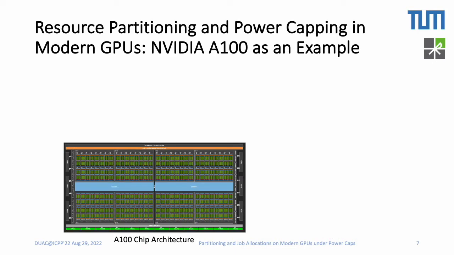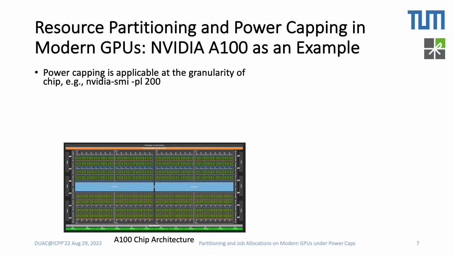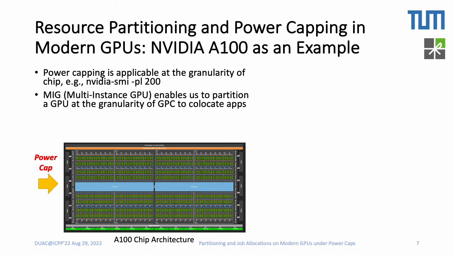If you look at the state-of-the-art GPU chip, as an example, NVIDIA A100 has a power capping feature, and one can set a power cap. It also supports a MIG feature that enables GPU partitioning at the granularity of GPC.